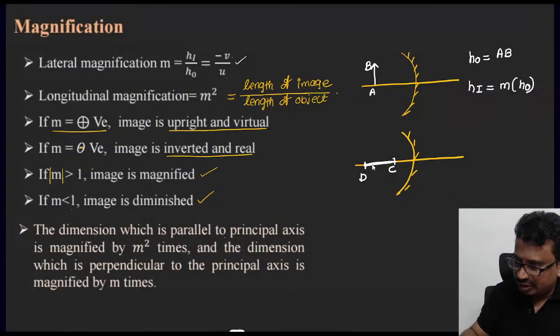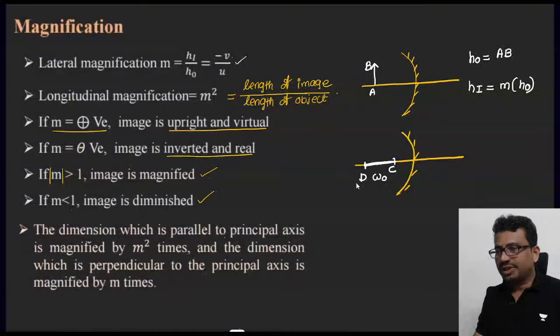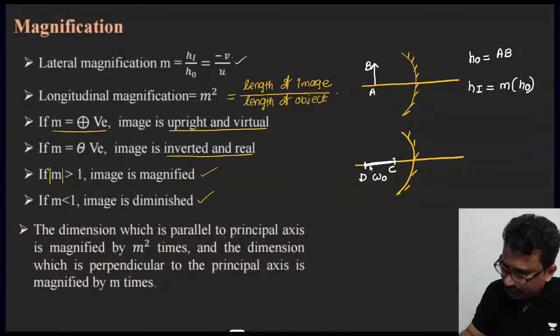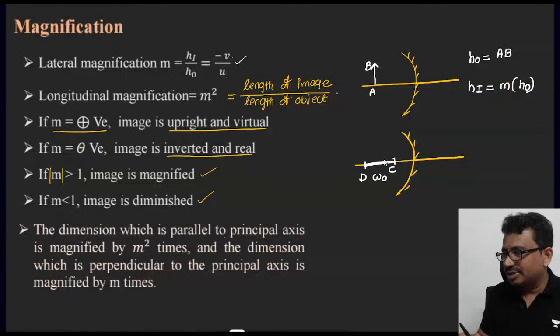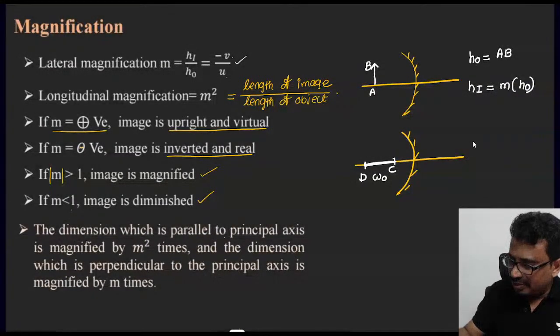This is the width, and let us call the width of this object WO. This part is parallel to the principal axis.